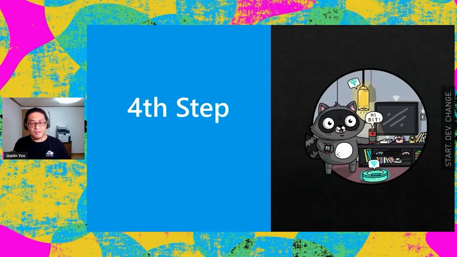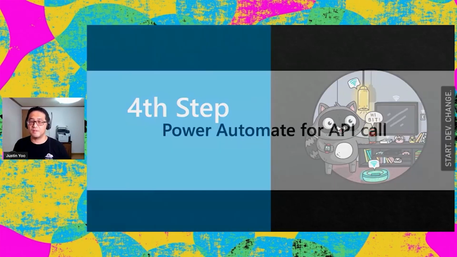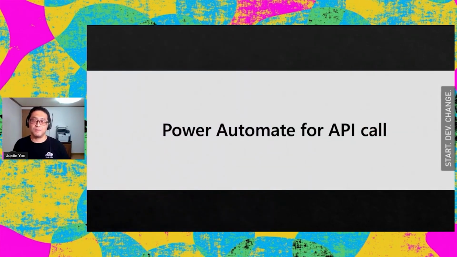So yeah, it's okay, but I still need a web browser to turn on and off my TV. Using a web browser is fine, but in order to become mobile friendly, I need something more. Now here we go, Power Platform comes to the rescue.